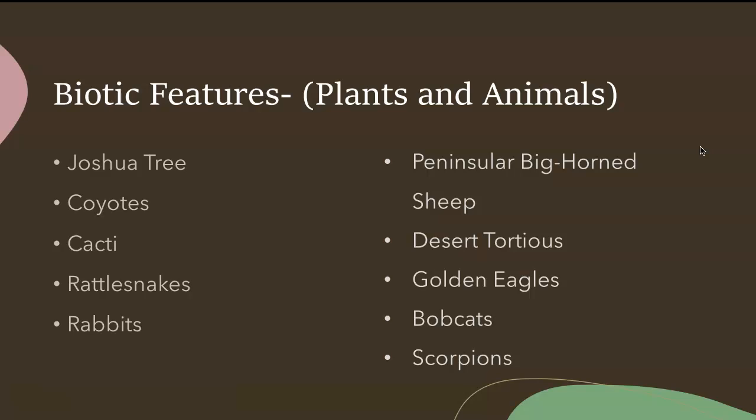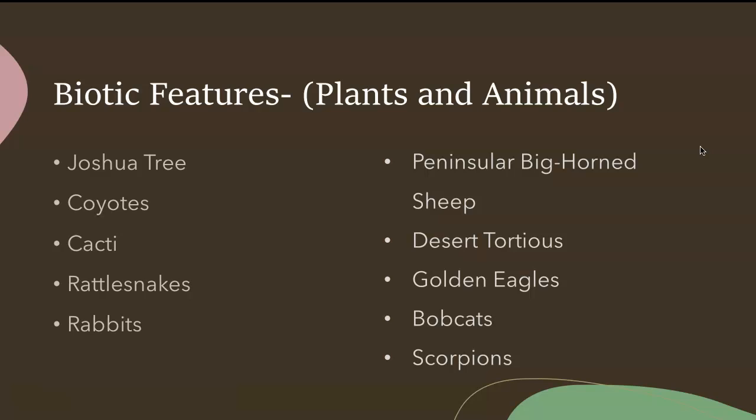Some of the alpha predators in this ecosystem are the golden eagles, the bobcats, and the coyotes, respectively. The cactus is one of the best minerals in this ecosystem for the water that it gives and the food that it gives to some of the organisms.